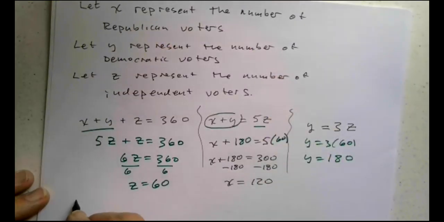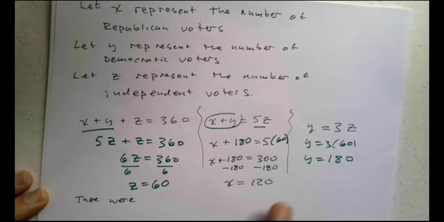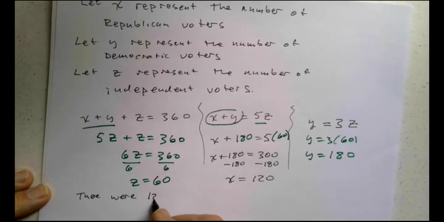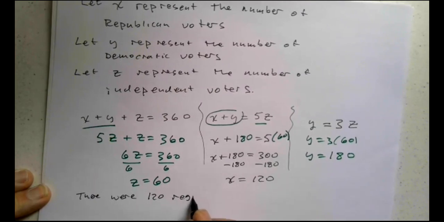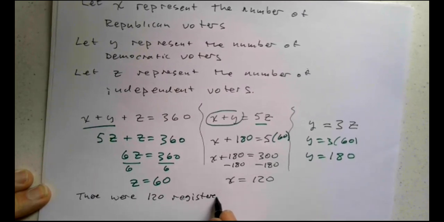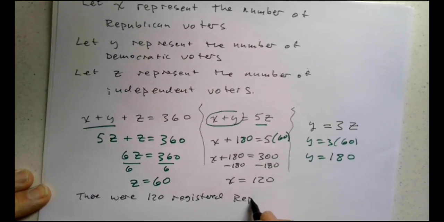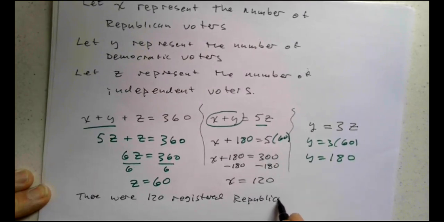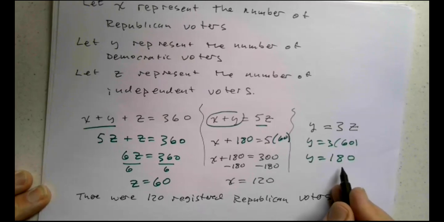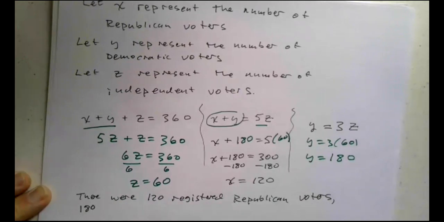So we conclude by saying there were 120 registered Republican voters. Y is Democratic voters, 180 registered Democratic voters.